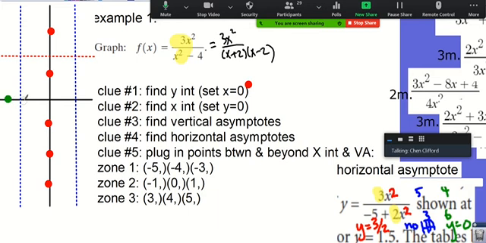Now, if you look at x-intercepts, if you make up coordinates for all these green points, the thing that they have in common will be that the y is 0. So this could be (-5, 0), (-3, 0), (-1, 0), (1, 0), (3, 0), (5, 0). All the y's are 0 for the green dots. So long story short, if you're trying to find the x-intercept, you set y equal to 0. If you're trying to find the y-intercept, you set x equal to 0. Okay?